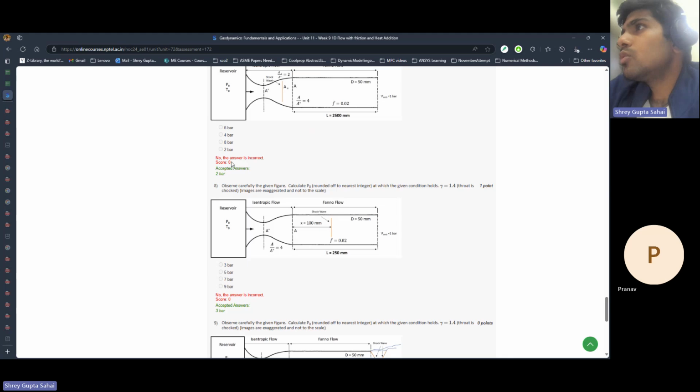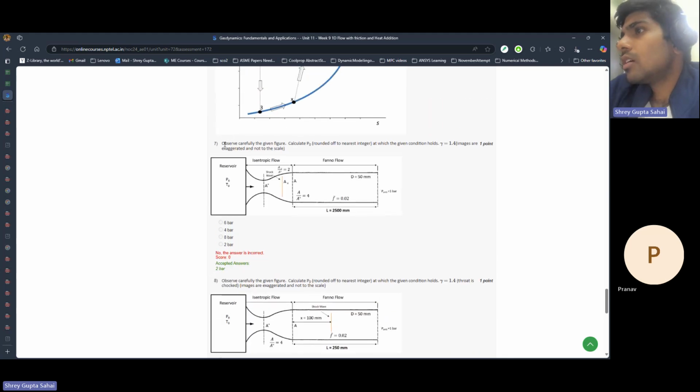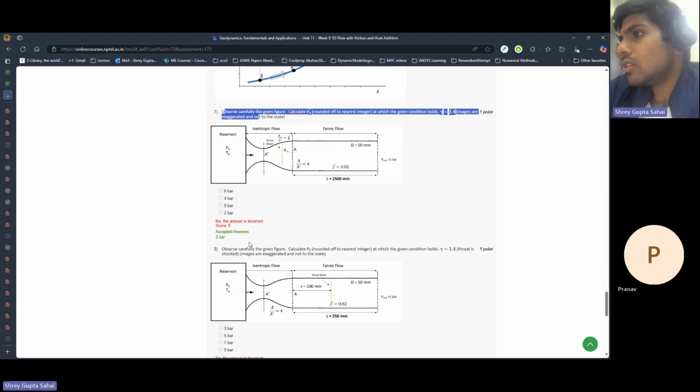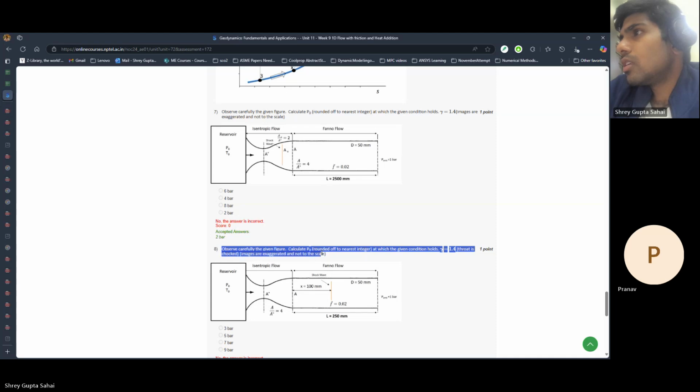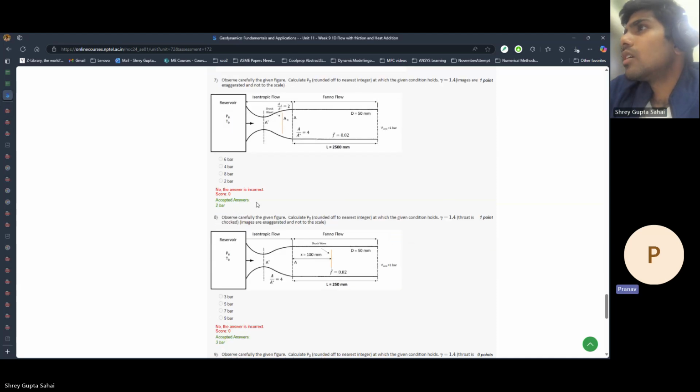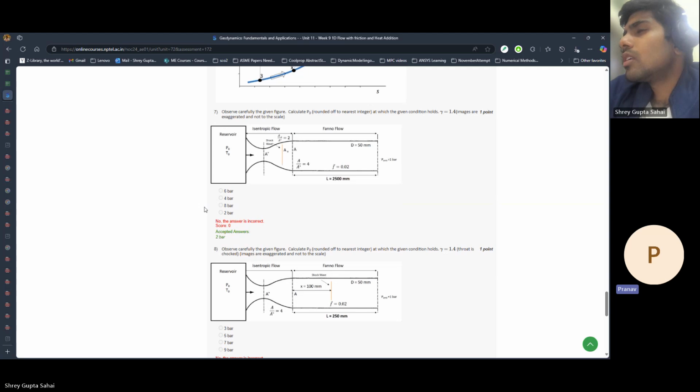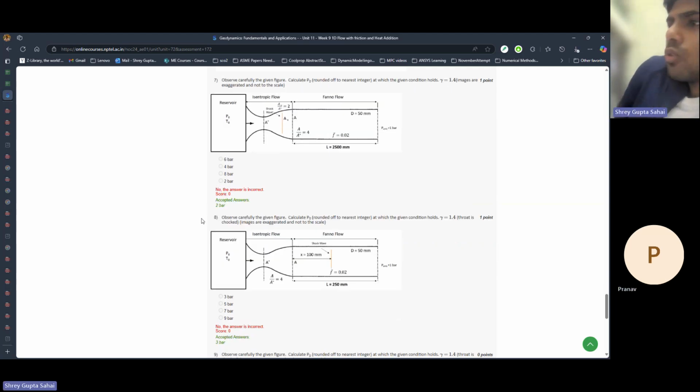So which one were you able to do? The seventh one, but not the eighth and ninth. Actually I solved the eighth one.